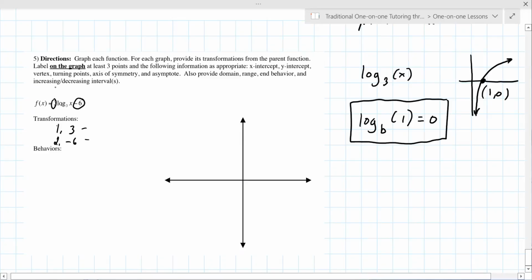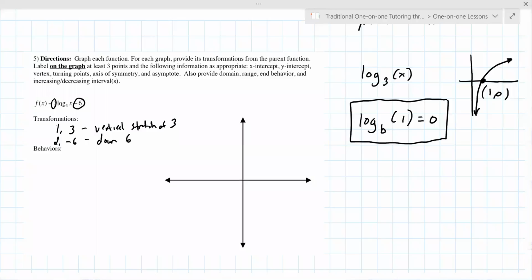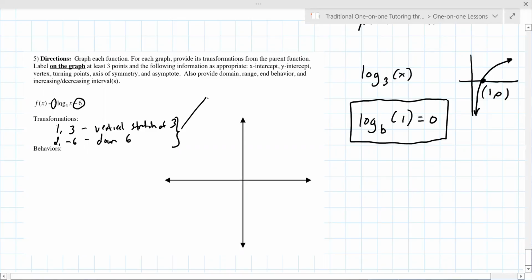When it's out in front, it's a vertical stretch, a vertical stretch of 3. -6 means down 6. And for our purposes, what's interesting is both of these affect the y. They are changes in y only.